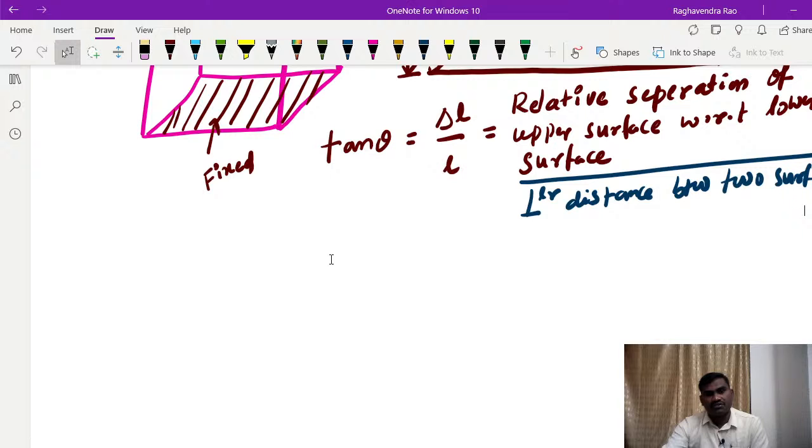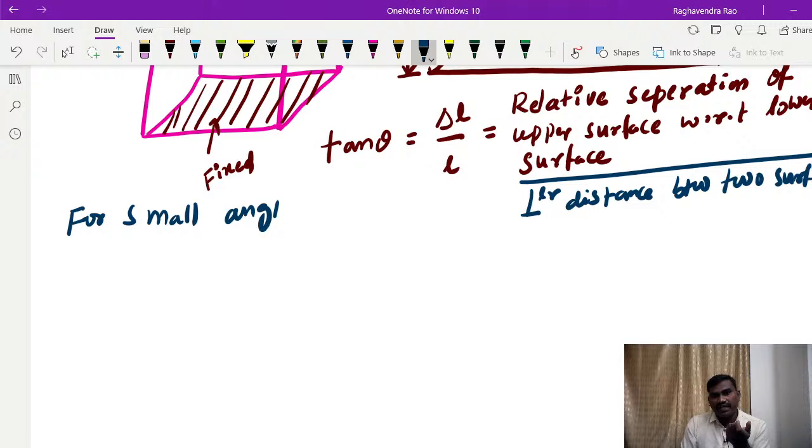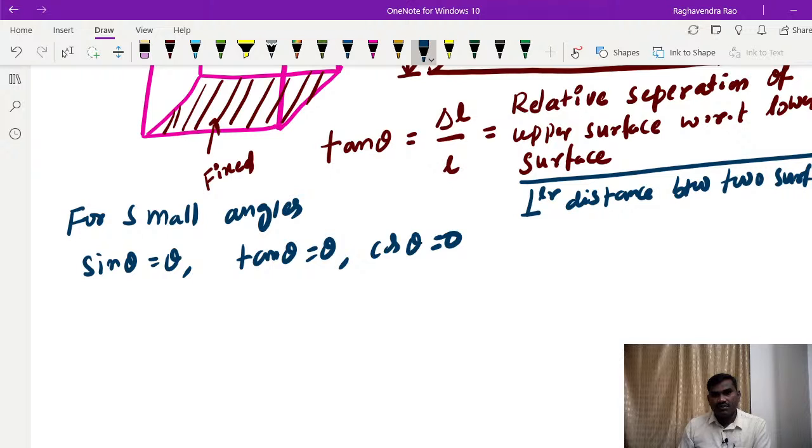Now, if theta is a very small angle, then tan theta is equal to theta. So for small angles, sin theta is equal to theta, tan theta is equal to theta, and cos theta is equal to 1.